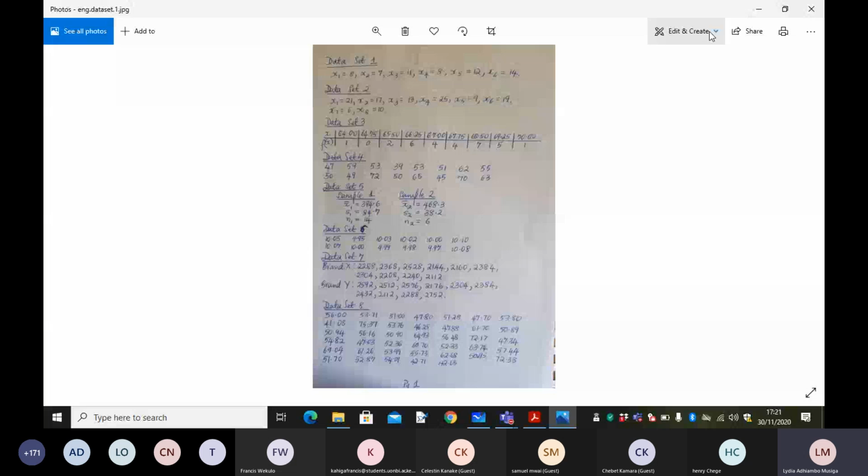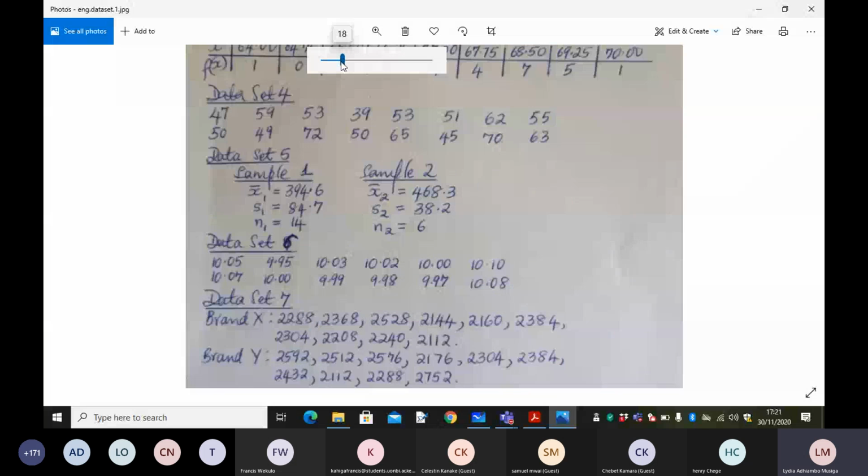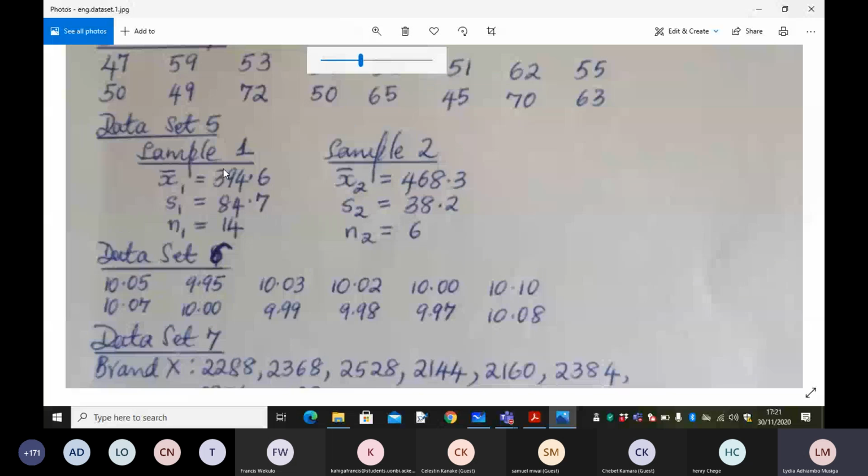We have two samples, of course. In sample 1, X bar 1 is 394.6, S1 is 84.7, and n1 is 14. And in the second sample, X bar 2 is 468.3, S2 is 38.2, and n2 is equal to 6.